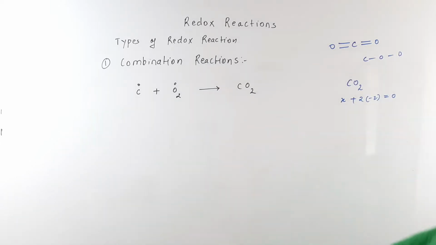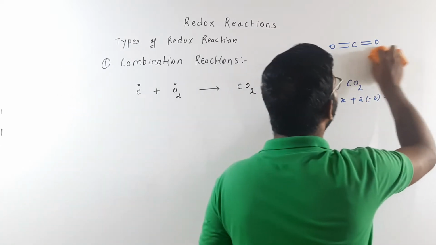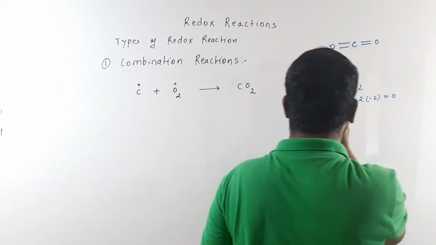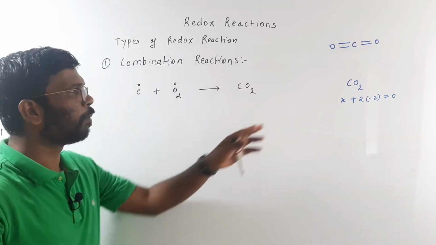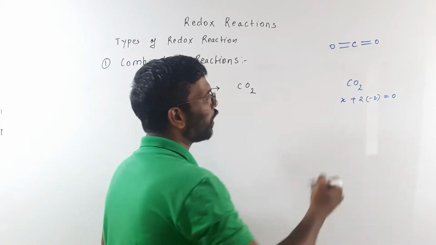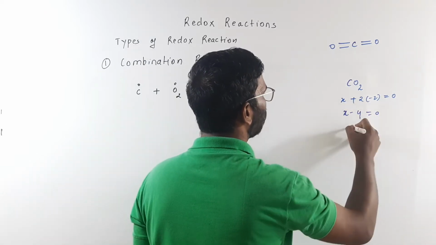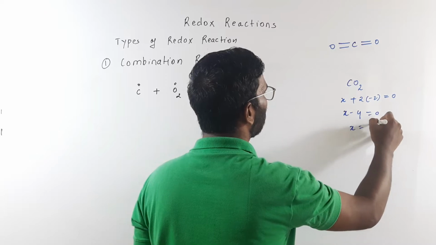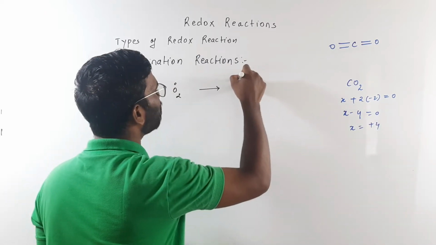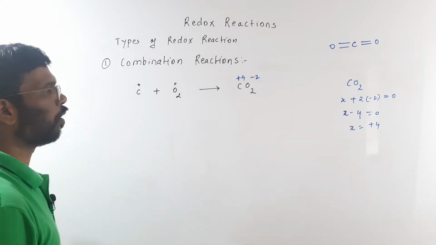When it is a peroxide, oxygen is in a -1 oxidation state. We know that in carbon dioxide, the double bonded oxygen is connected in this manner, so that's why it is -2. So x minus 4 is equal to 0, x is equal to plus 4. So here carbon is in plus 4 and oxygen is in -2 oxidation state.